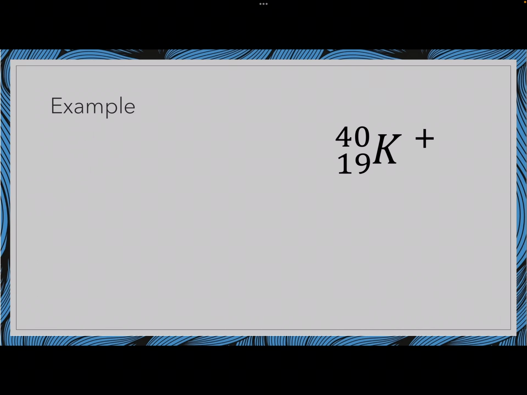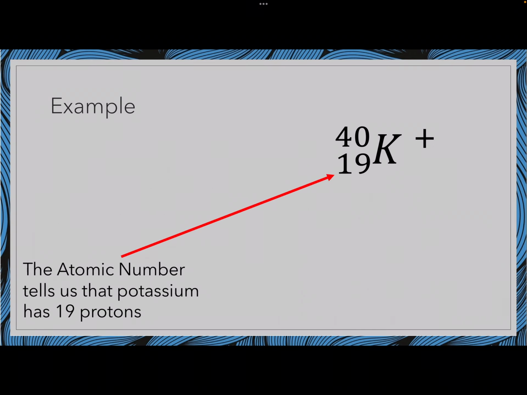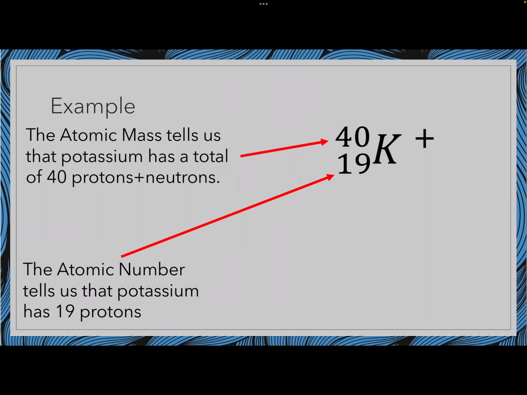Now, let's have a go at potassium. Potassium likes to exist as a +1 charge. Starting off with the atomic number, it tells us that potassium has 19 protons. Taking into account the mass number, it tells us that there's 40 protons plus neutrons. So we do 40 take away 19, which gives us 21 neutrons.